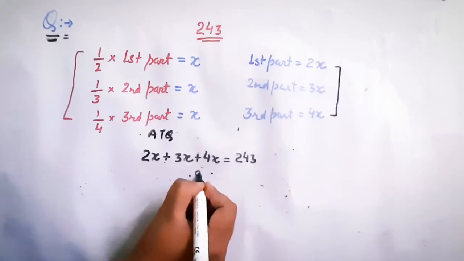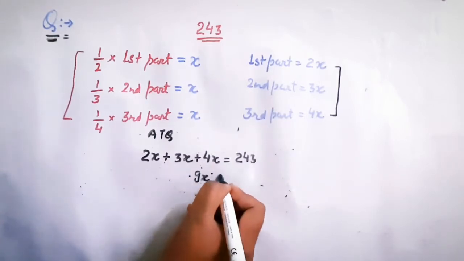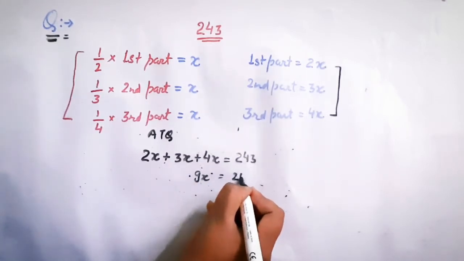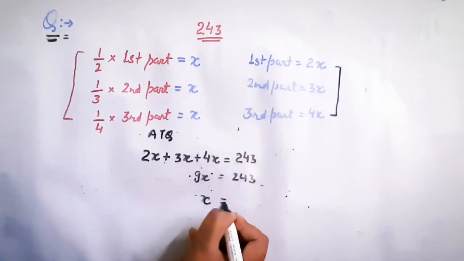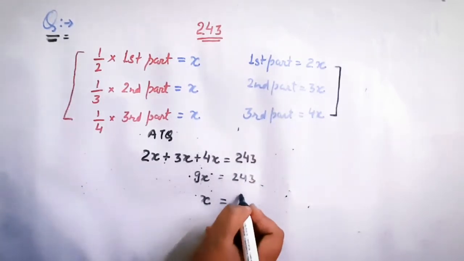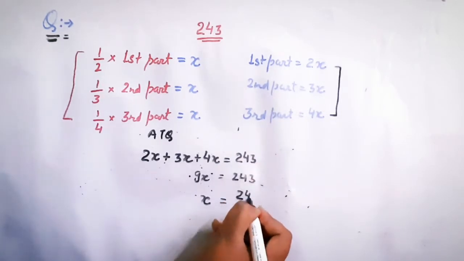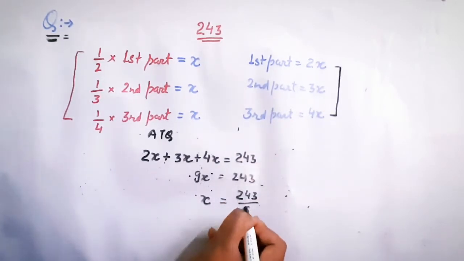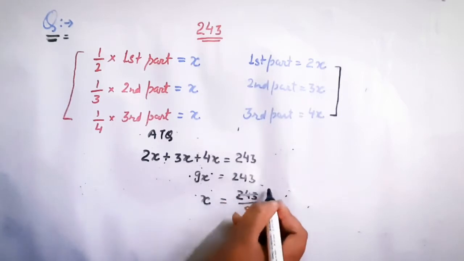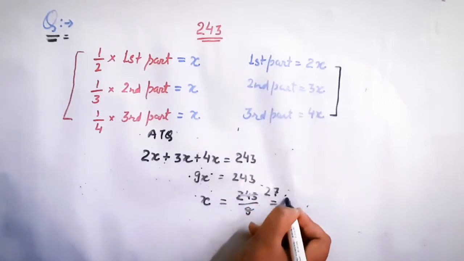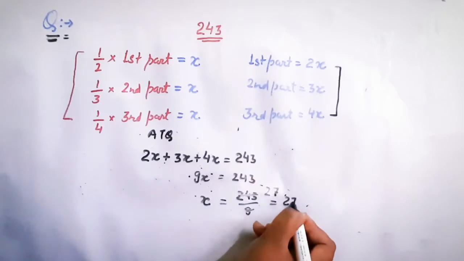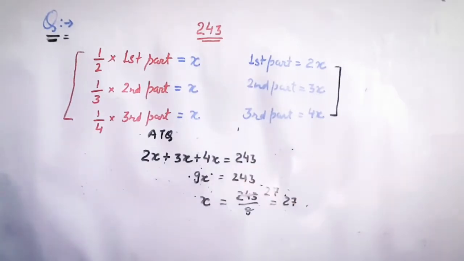Simplify it now. This is your linear equation. 9x equals 243, and x will be equal to 243 upon 9. 9 2s are 18, 9 7s are 63. The value of x is 27. So what are the values of the parts?